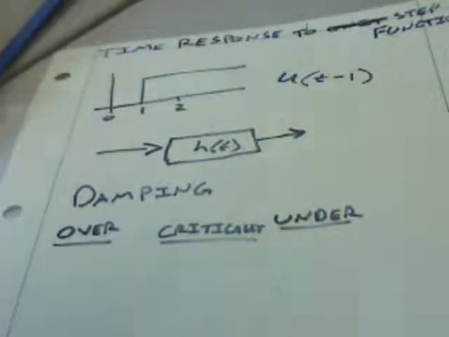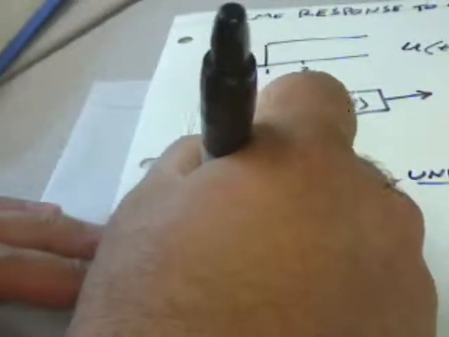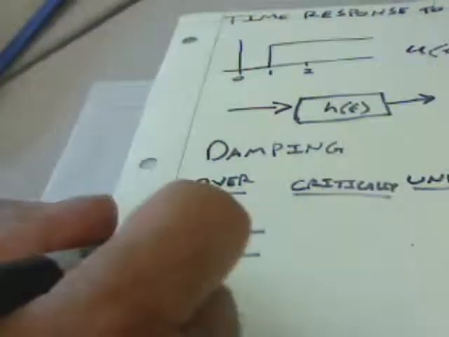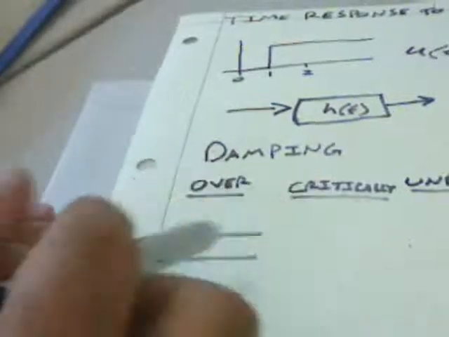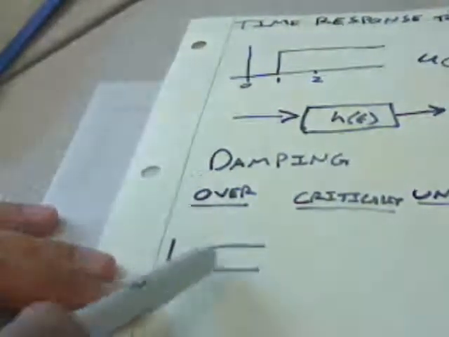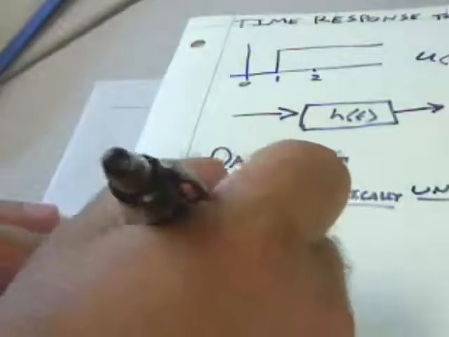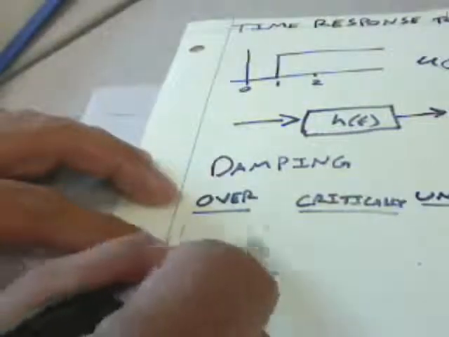If it's overdamped, the response will have a shape like this, where it'll take some time to get up to that point, and finally it'll reach the value. If it's a unit step and we're going from 0 to 1, then it'll take some time, but eventually it'll get to 1. That's opposed to the input being this square function here. The response will be a little bit slower.